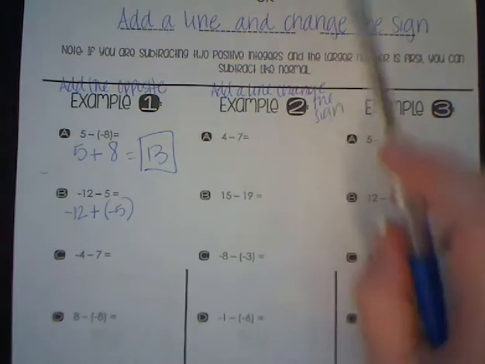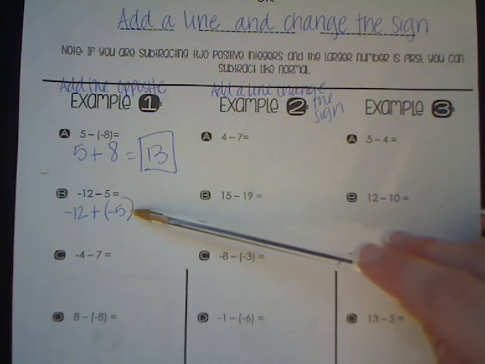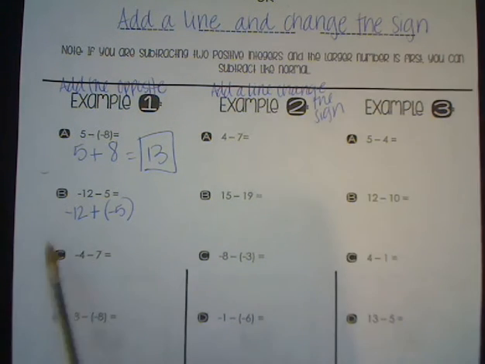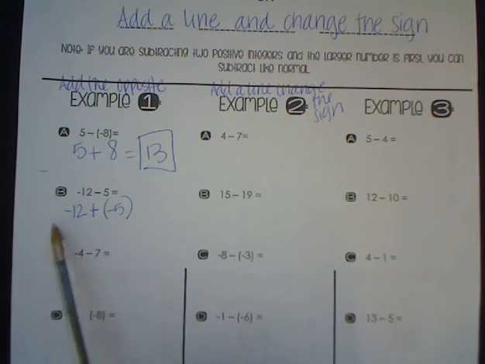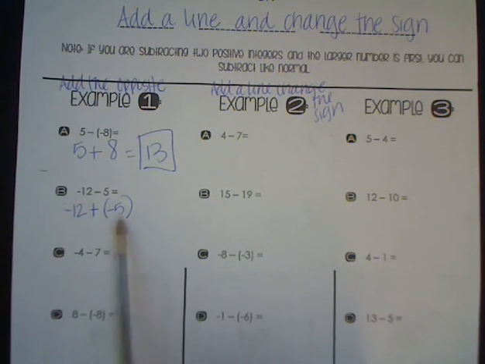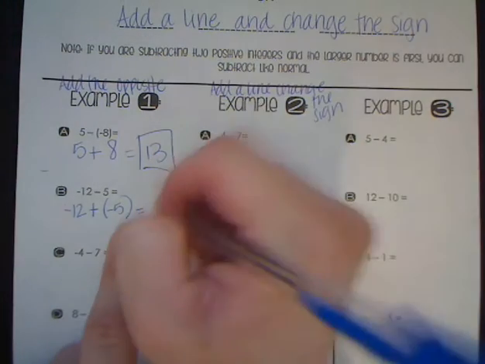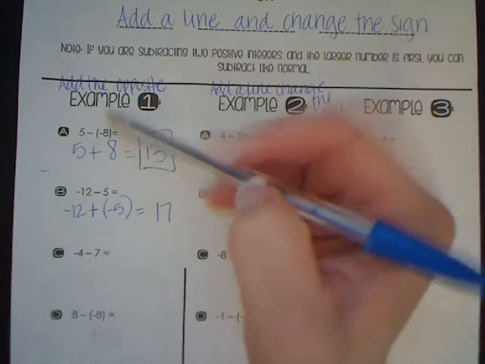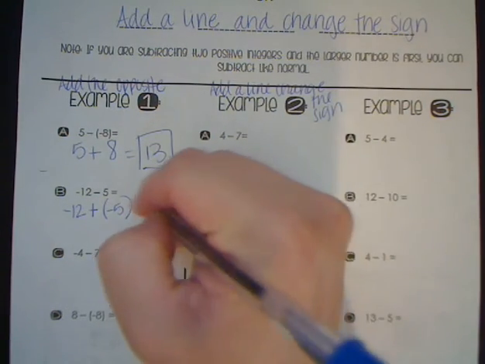As you see, our main goal for subtracting integers is to change it to an addition problem so that we can use our addition rules. Since my signs are the same, they're both negative, I'm going to add them together. 12 plus 5 is 17, and I'm going to keep the negative sign.